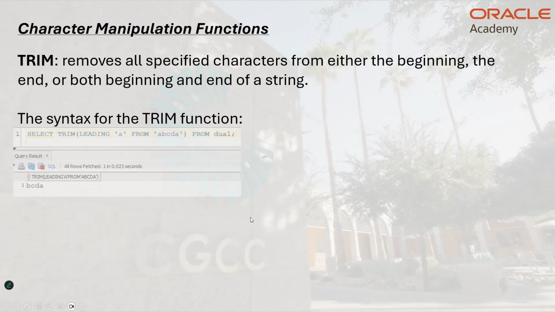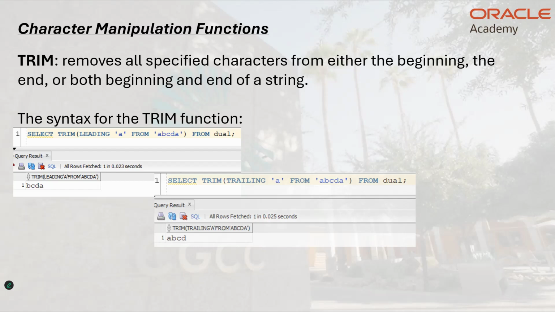So here's the syntax. Select trim. So it's leading. In this string that we produce, ABCDA, if we want to remove the leading A, or any number of characters, you see the result is just BCDA.